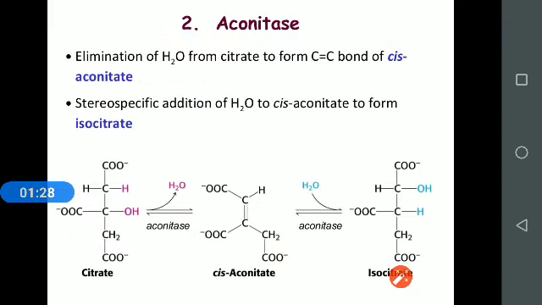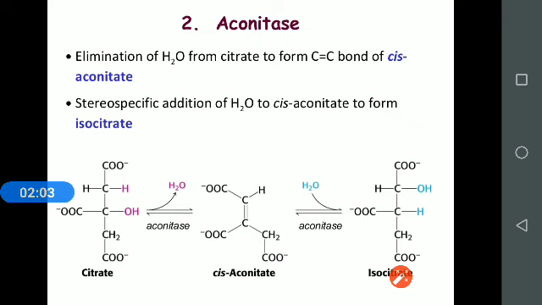Next step, aconitase. In this step, two reactions will be seen. The 6 carbon structure citrate is converting into isocitrate, that means the OH group is shifting from the 3rd carbon to the 4th carbon. So iso, just shifting. This reaction takes place in a 2-step reaction.